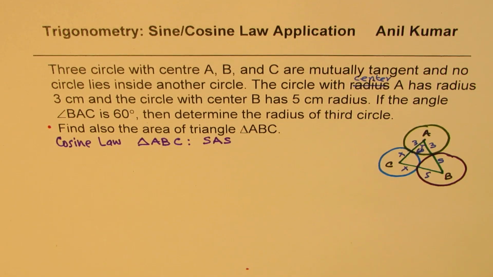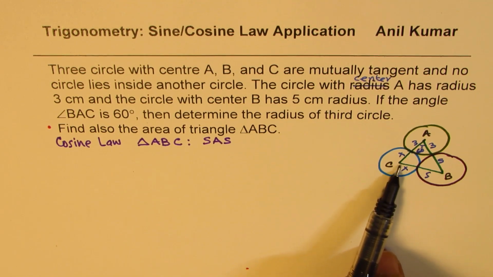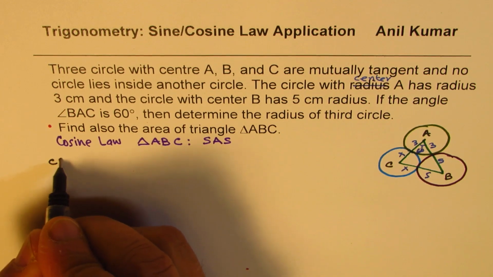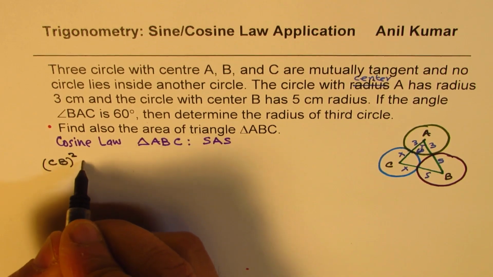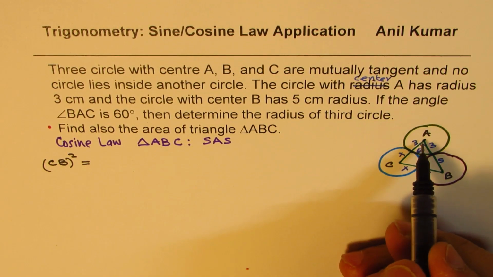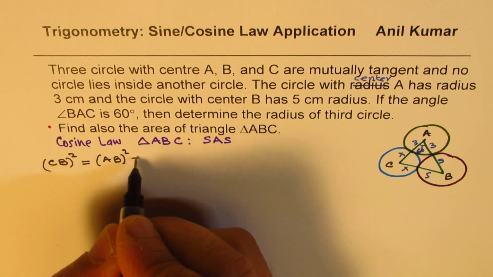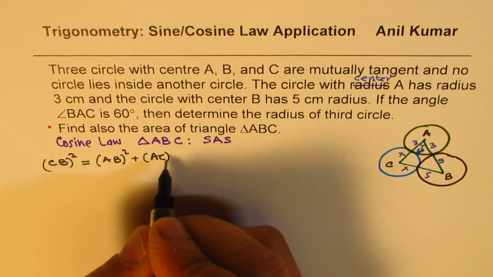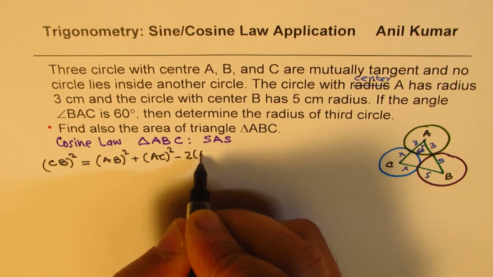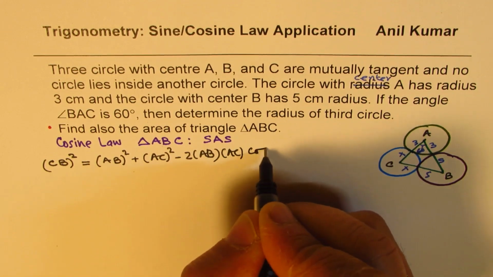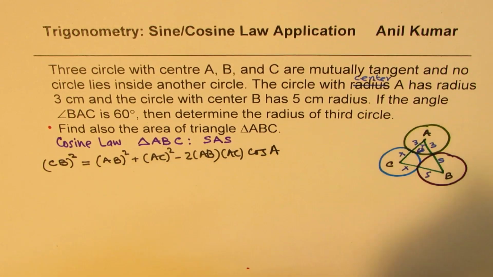So with cosine law, we can relate the opposite side, which is CB for us, as CB square equals the sum of these two squares, which is AB square plus AC square minus 2 times AB times AC times cos of angle A, right? The angle in between.